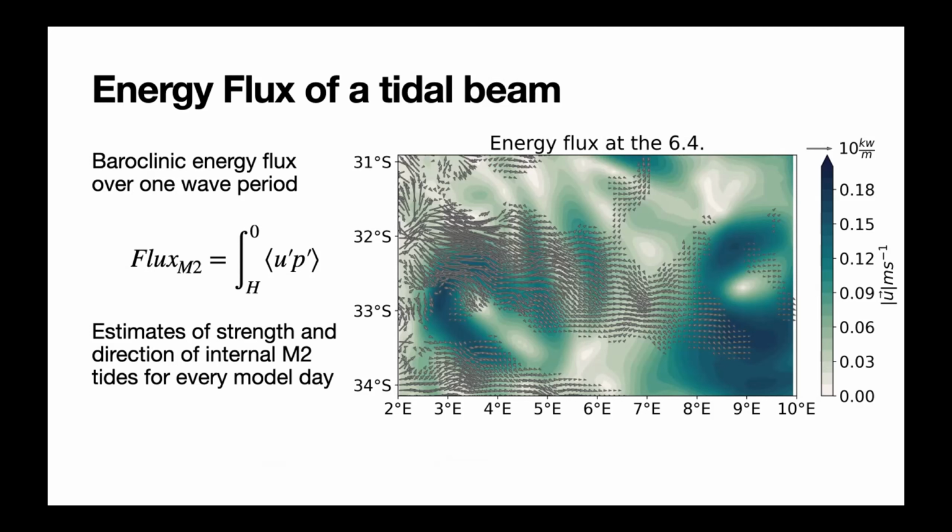And I know it's a bit hard to see on this image, and I don't have a pointer, so it might be a bit hard. But if you look at this plot, on the left-hand side, we would again have the Walvis Ridge. So around 2 degrees east, we have the generation of the internal tides at a slope which has a width of about 1 degree. So a quite wide area where we have this generation of tides, and then have energy fluxes to the southeast.